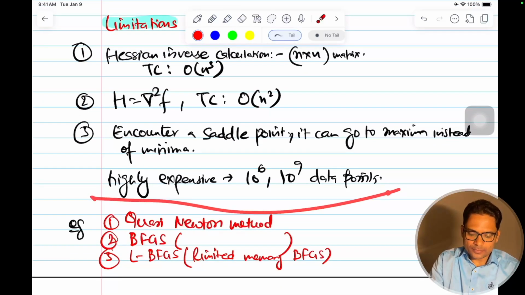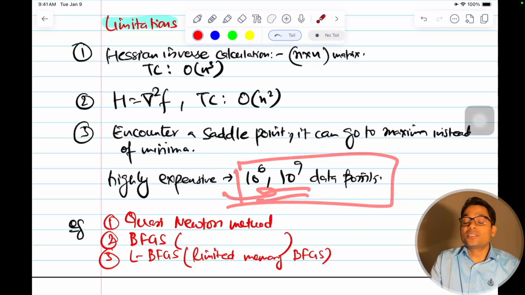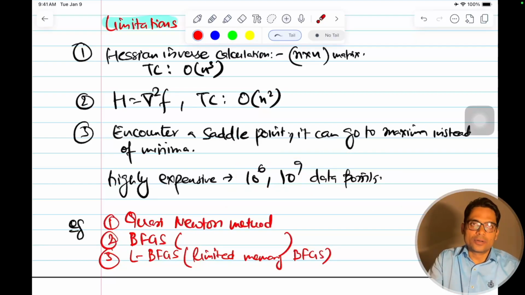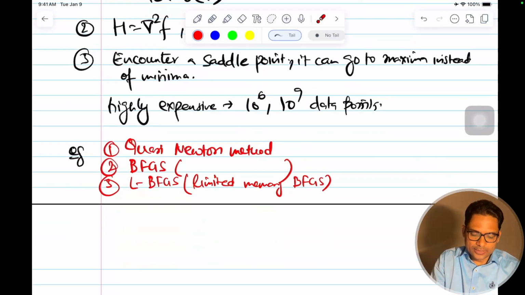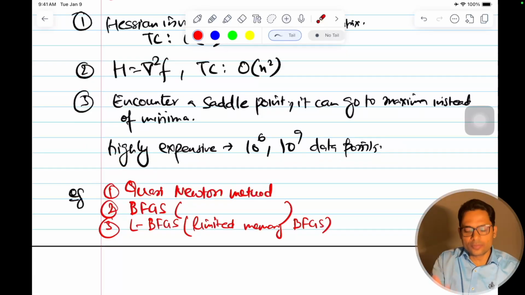And this is very costly for large data sets, which is very common in deep learning and machine learning algorithms. So is it totally useless? It is so expensive? No. We use this inspiration to optimize other algorithms, and there are quasi-Newton methods that are being used.